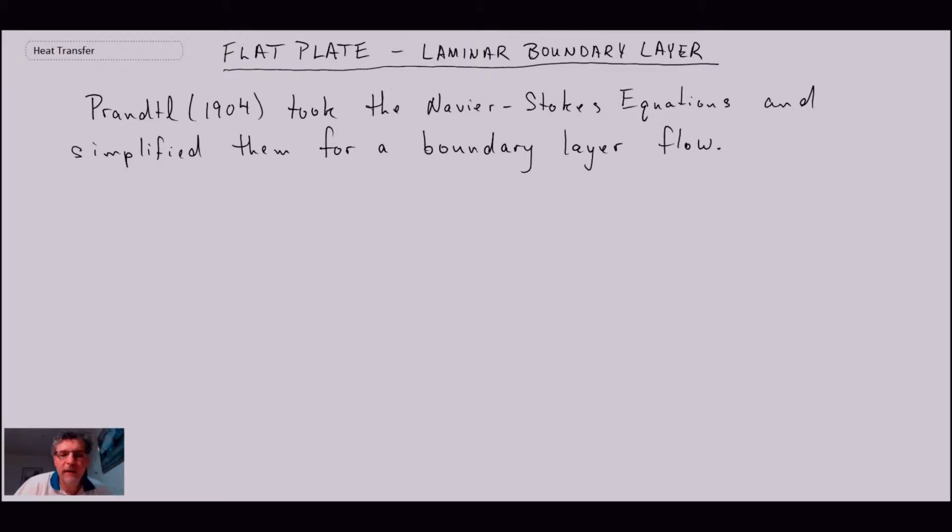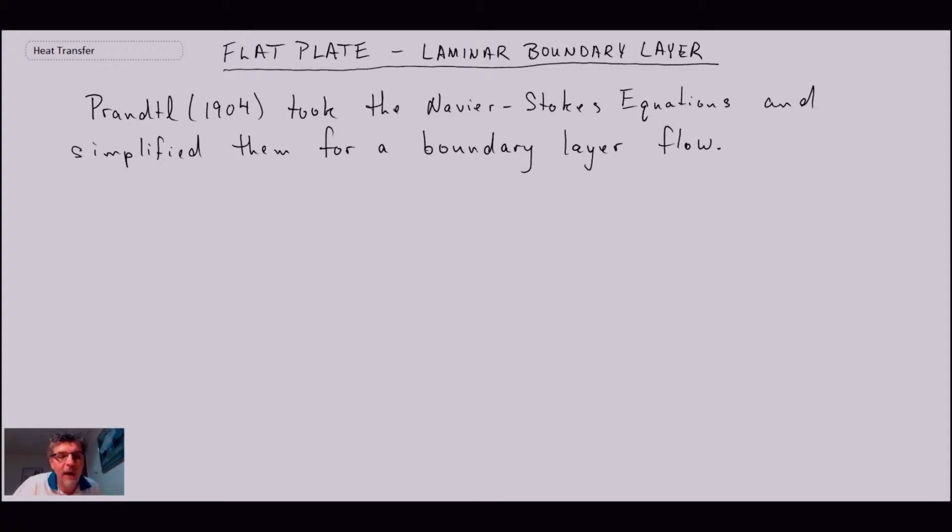So in analyzing the laminar boundary layer, some of the earliest development came with Ludwig Prandtl, and what he did is he took the Navier-Stokes equations, which are the governing equations for fluid mechanics, basically F equals ma, and he simplified them for a boundary layer flow.